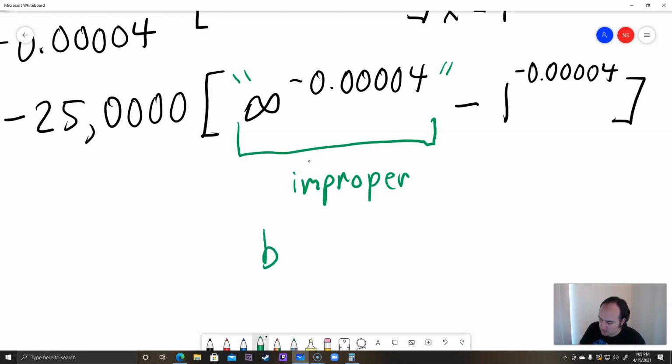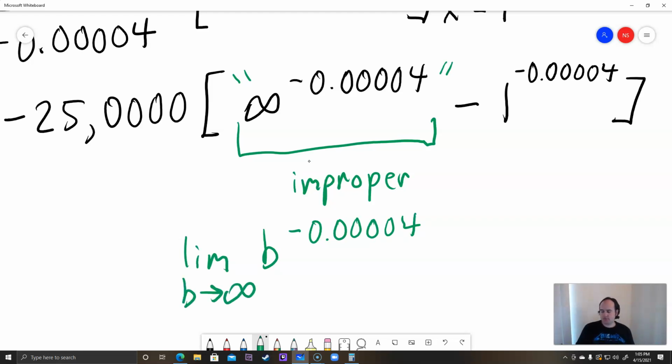So it's going to be b to the negative 0.00004, and we take the limit as b goes to infinity of that. So very similar to the last problem. And then don't forget we still have a negative 25,000 out front.